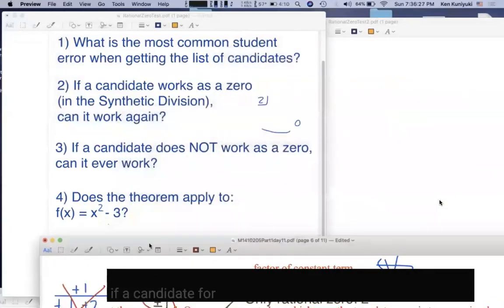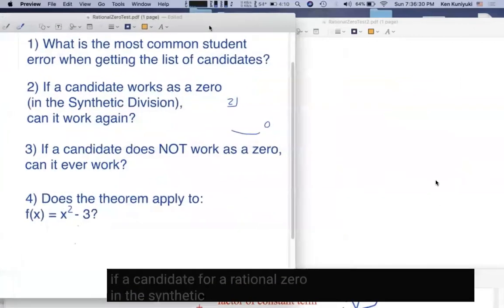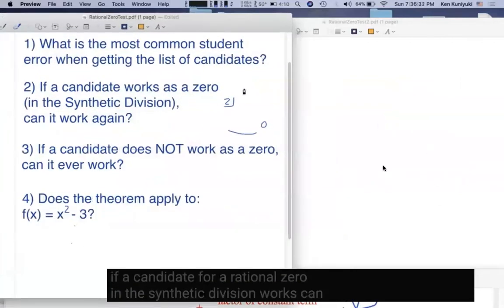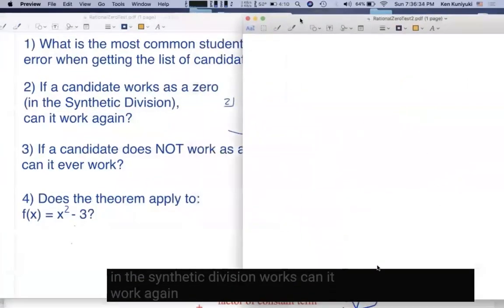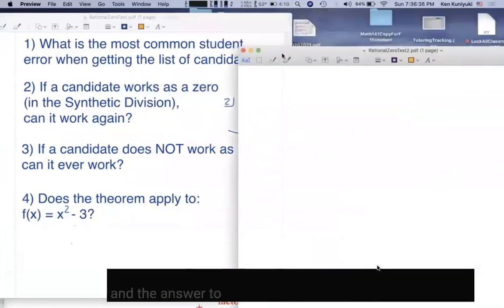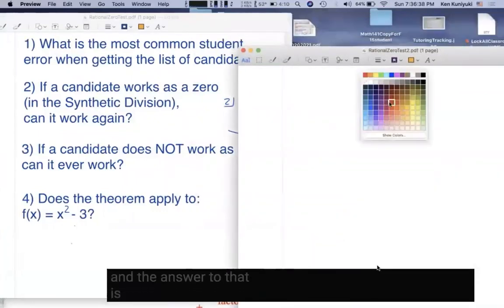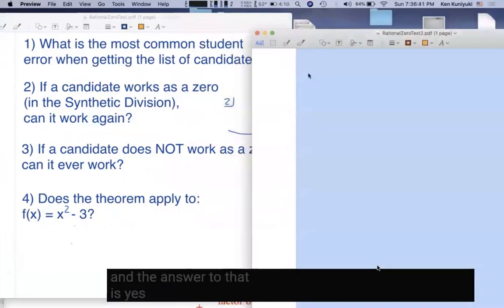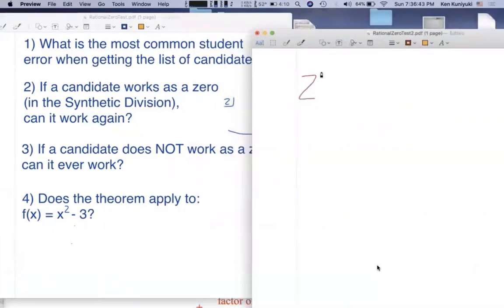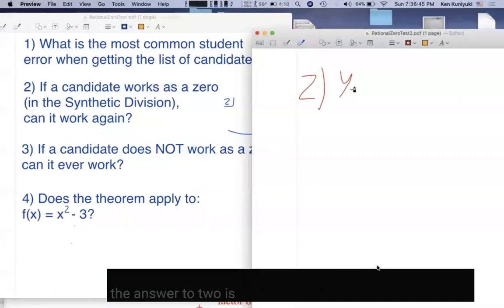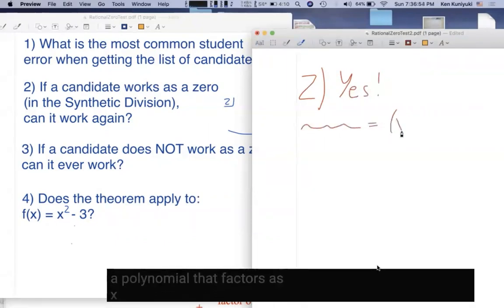If a candidate for a rational zero in the synthetic division works, can it work again? The answer to number 2 is yes. Here's an example. Imagine a polynomial that factors as x minus 2 all to the 10th.